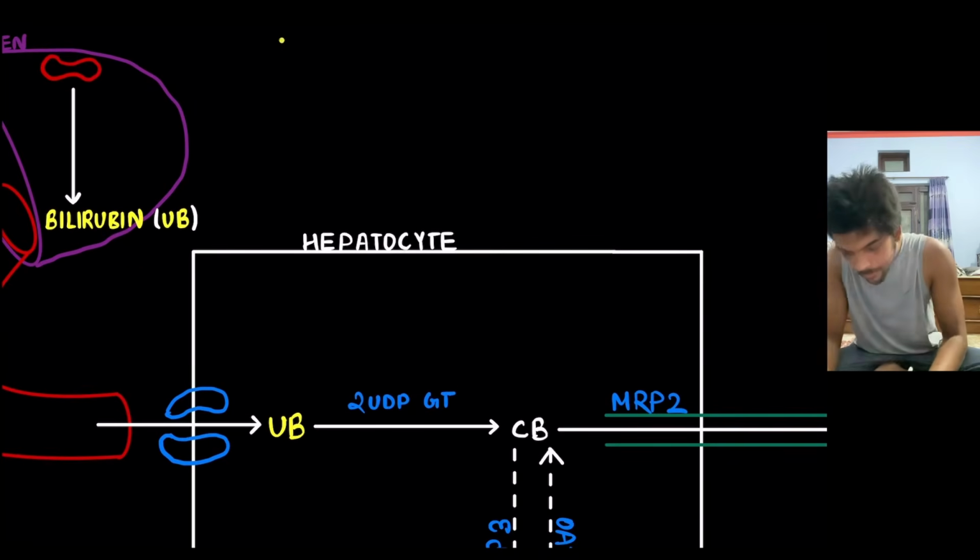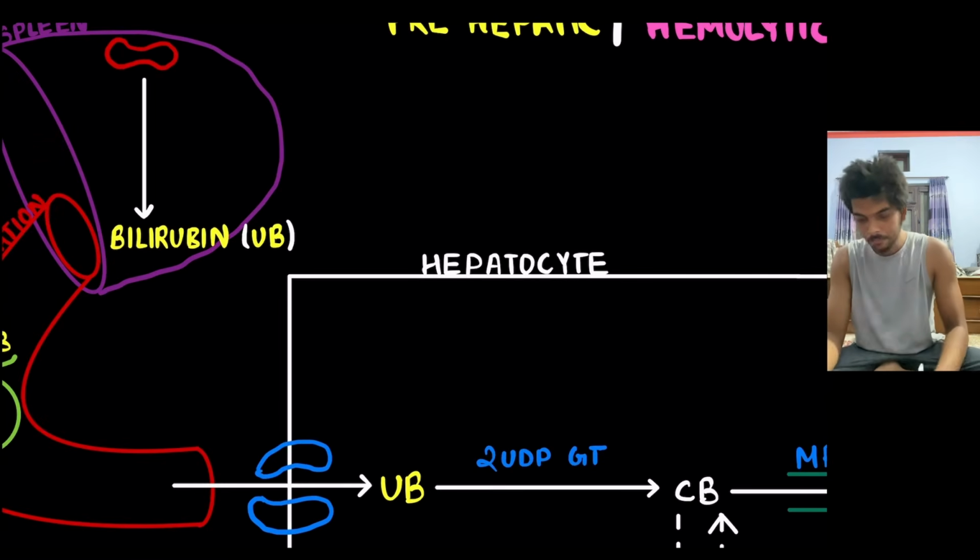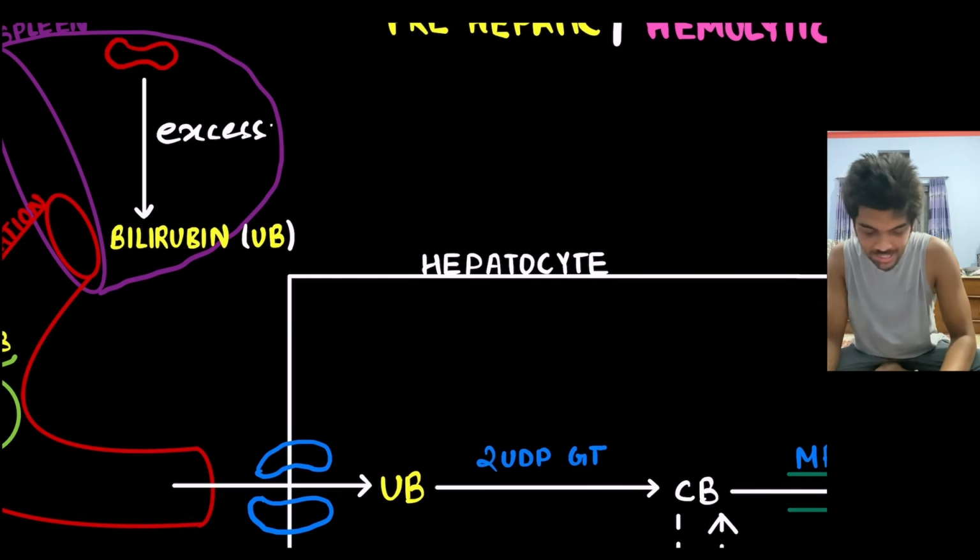Beginning with prehepatic jaundice, which is also referred to as hemolytic jaundice. It is referred to as hemolytic jaundice because the defect occurs within hemolysis. There is excessive hemolysis.